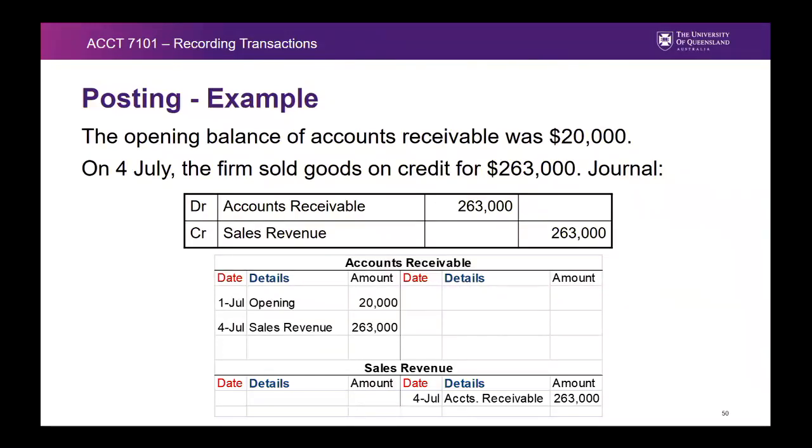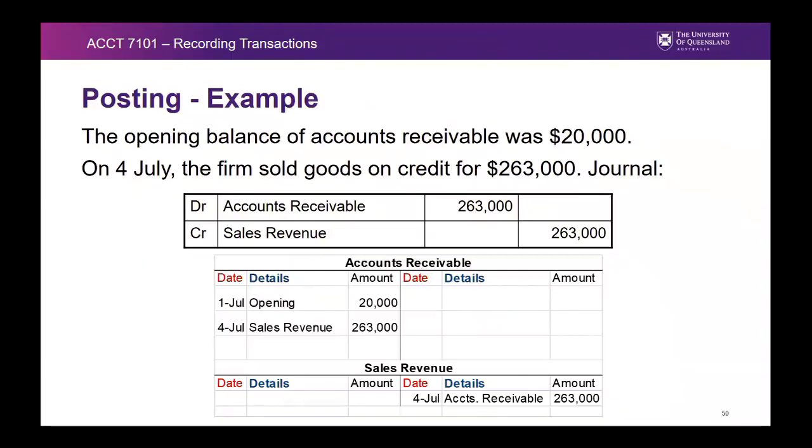And one thing to pay attention to is that we provide the corresponding account. In the case of accounts receivable, that's the account there, at the top of the ledger. Sometimes this is called a T ledger because it usually follows the T shape. So it's accounts receivable, a debit of 263, goes on the debit side there.